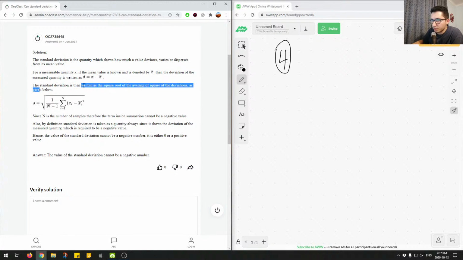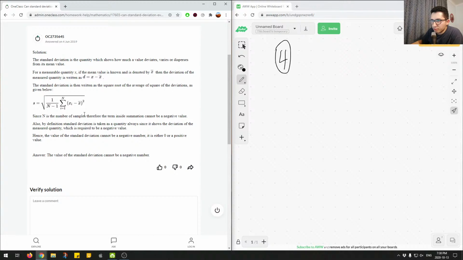So the standard deviation is then written as the square root of the average of the square of deviations as given below. So here you do the summation of all the deviations for each data point, and you'd square them, and then it would give you your standard deviation.